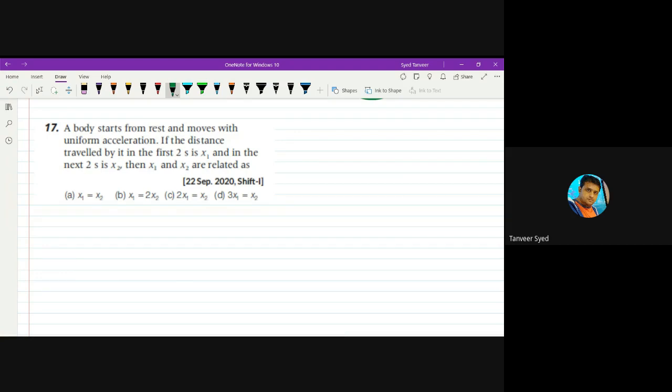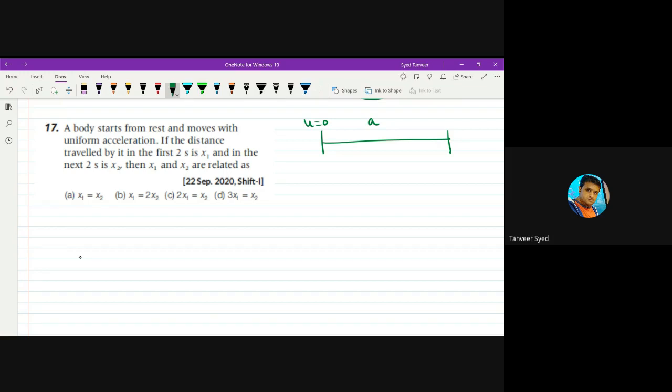If the distance traveled by it in the first 2 seconds is x1 and in the next 2 seconds is x2, then relation between x1 and x2 is, what is the situation? Situation is like this. Body starts from rest, u equal to 0, and with some constant acceleration, say a.